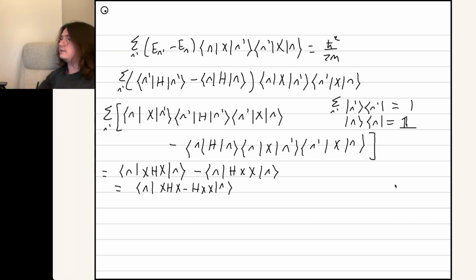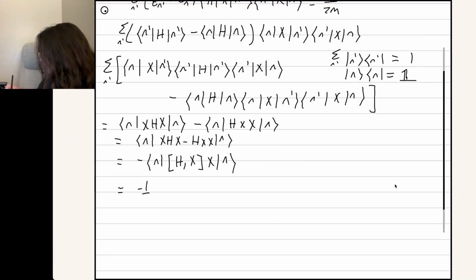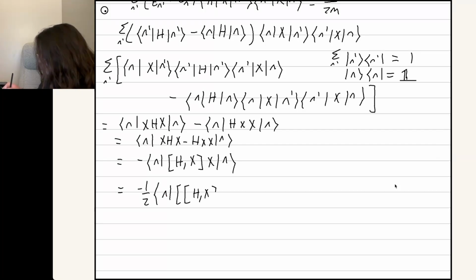What that looks like to me personally is minus the expectation value of the commutator of H with x, left multiplied by x, which also looks like minus a half times the commutator of H with x, with x.